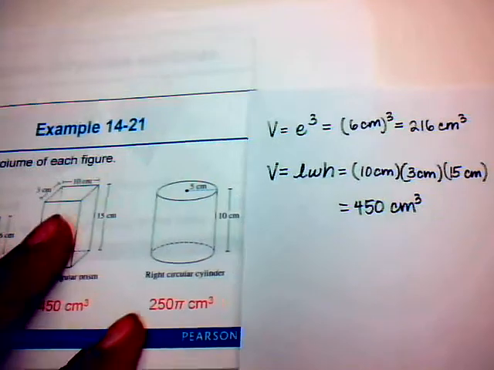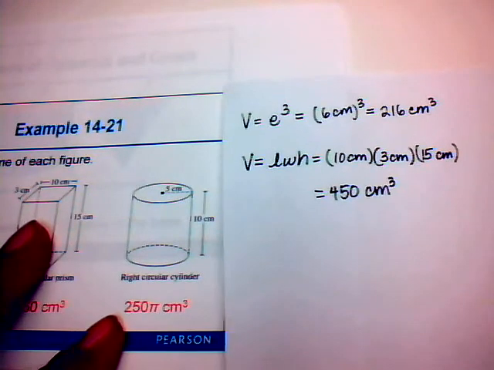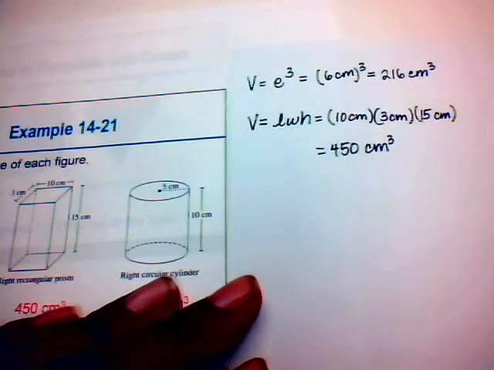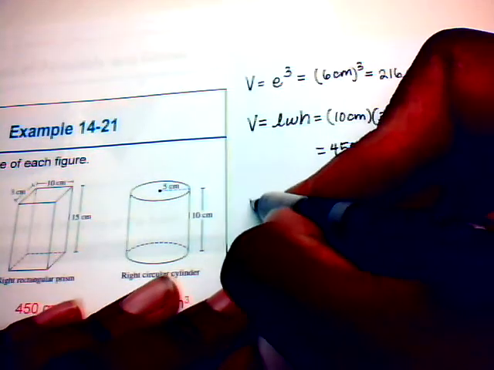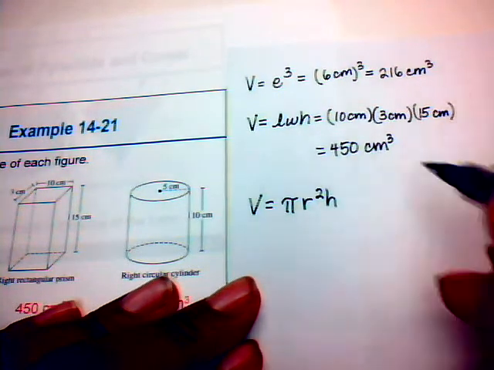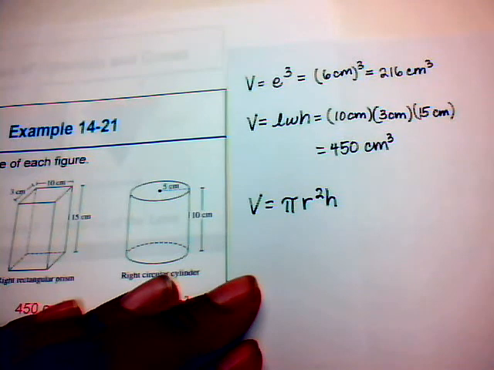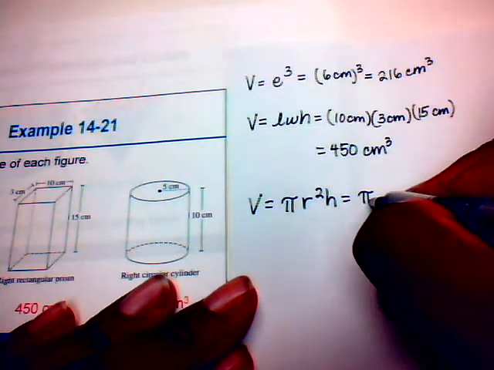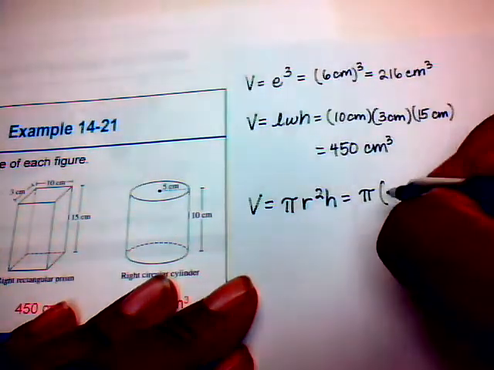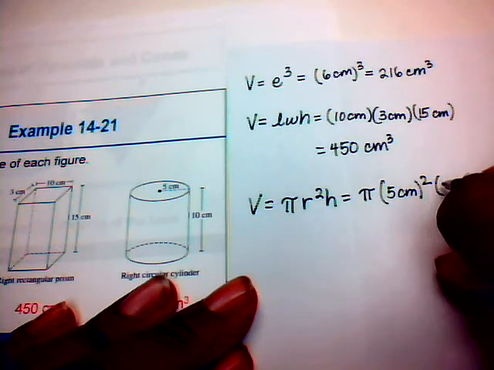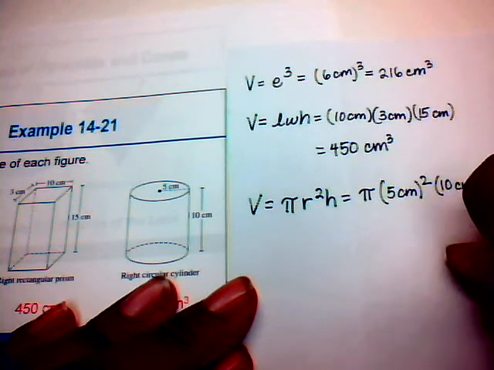Then the next one is the right circular cylinder. Here the radius is 5 centimeters and the height is 10 centimeters. And I want to find its volume. So here we have to use this formula. Volume is equal to pi r squared times the height. So in this case here, bring over the pi. The radius is 5 centimeters, and that is going to be squared times the height, which is 10 centimeters.